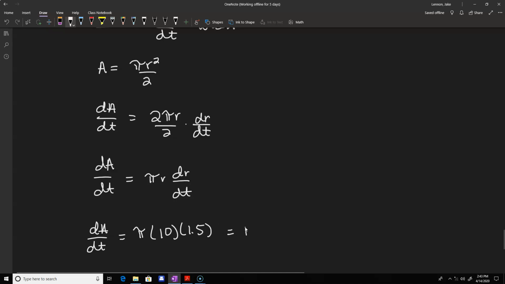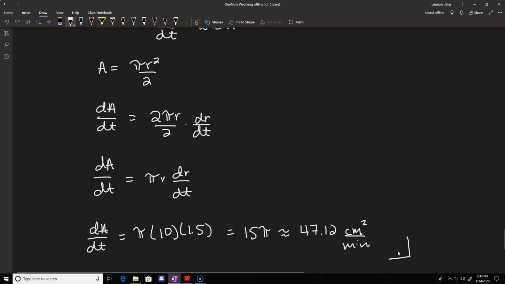So that's 15 pi, which we can do in our calculator to get an approximation. That's about 47.12, and that is going to be centimeters squared per minute. So that is it for problem number 9.